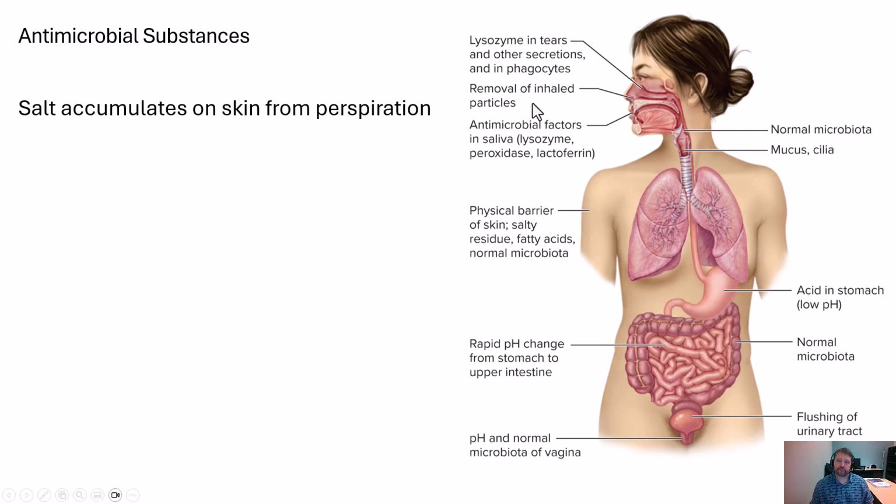Okay, lysosomes, these we kind of talked about before. They have the similar properties as penicillin in that they tend to break the linkages between peptidoglycan and not allow for the cell wall of certain bacteria to form.